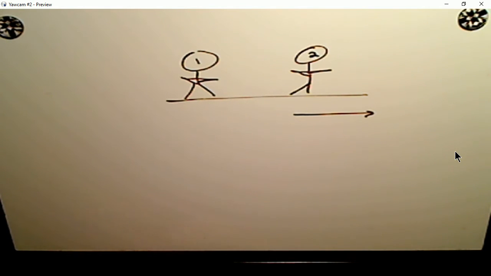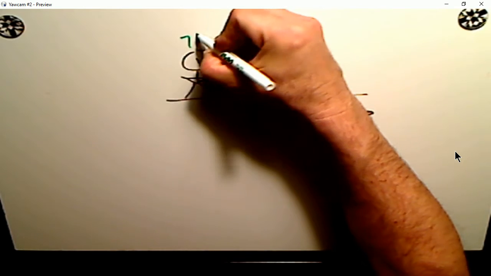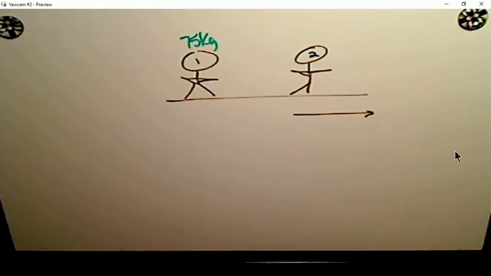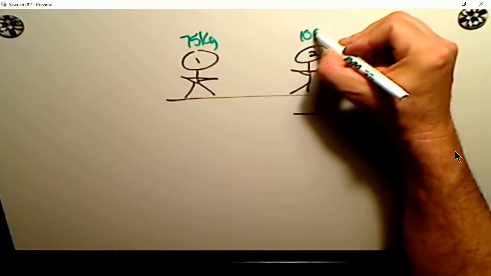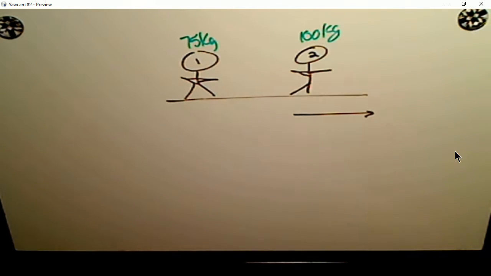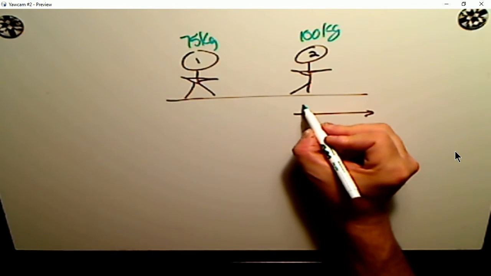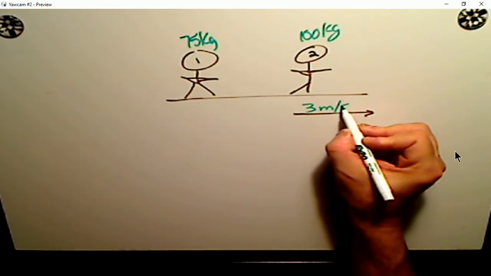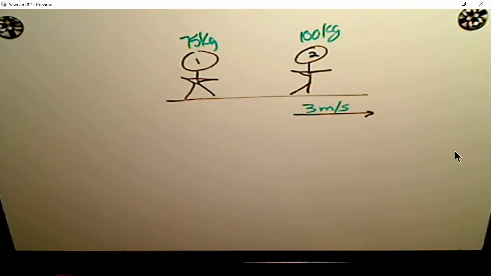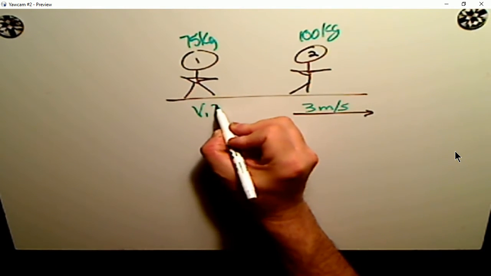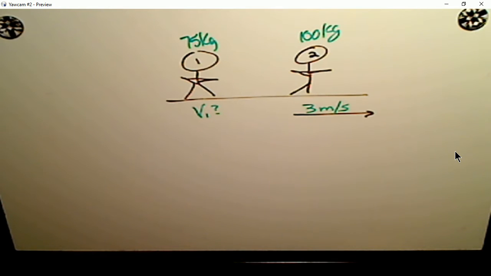This person is 75 kilograms, and this is 100 kilograms. And after pressing off, we can measure that this person is going 3 meters per second. What is the velocity of the first person?